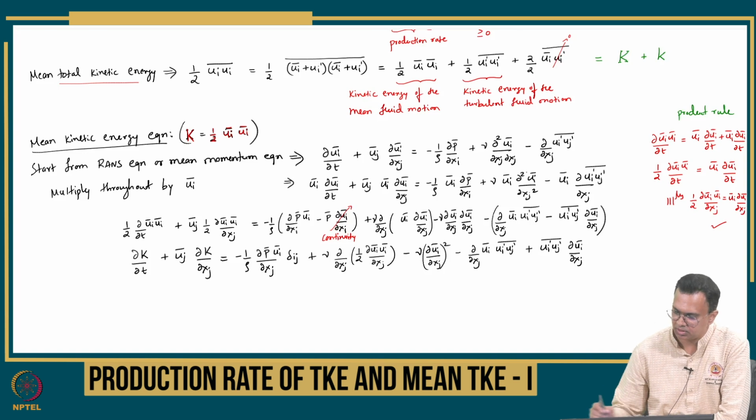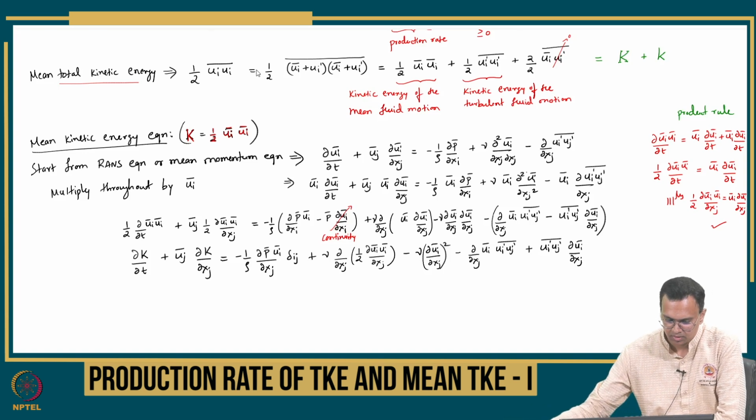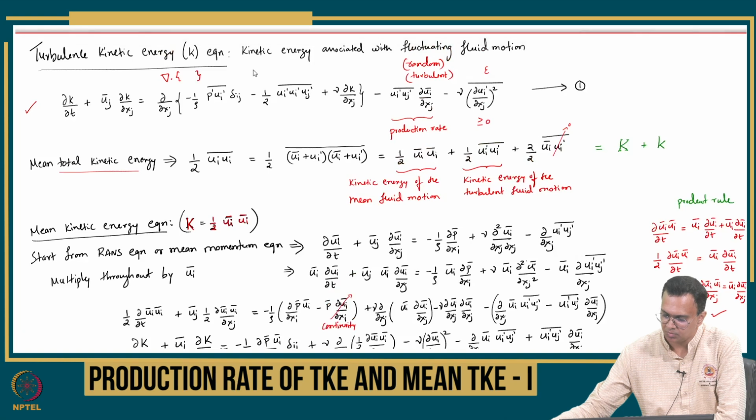Let's rewrite so that it looks similar, in the same format as equation 1, that is diffusion rates first, production rate and the dissipation rate.